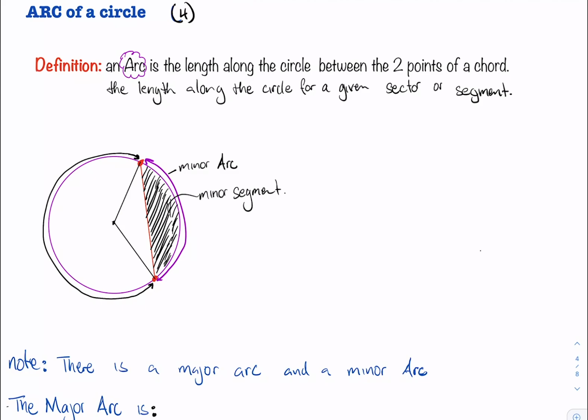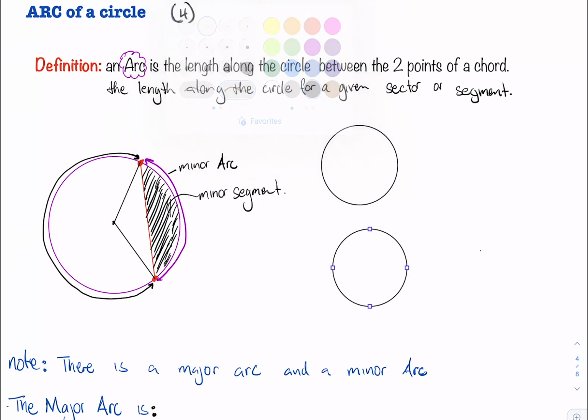Likewise, we have a major sector and a minor sector. Just to emphasize that, we can put 2 more circles over here. If this one only has a chord, then we can see the 2 segments, and this would be our arc length.